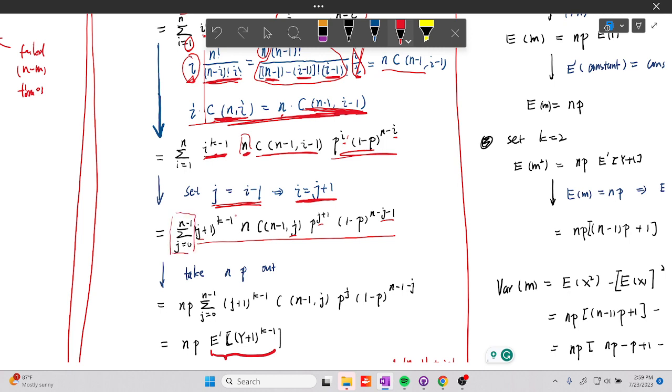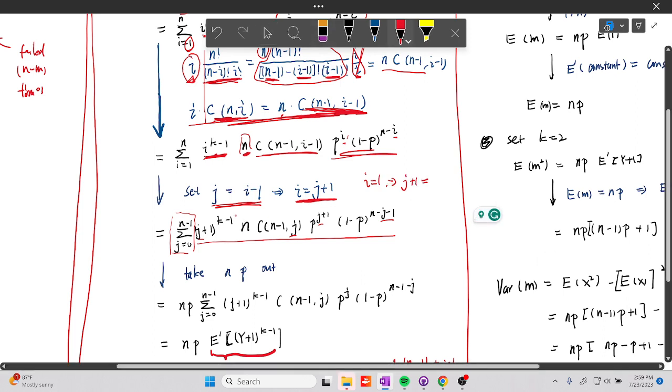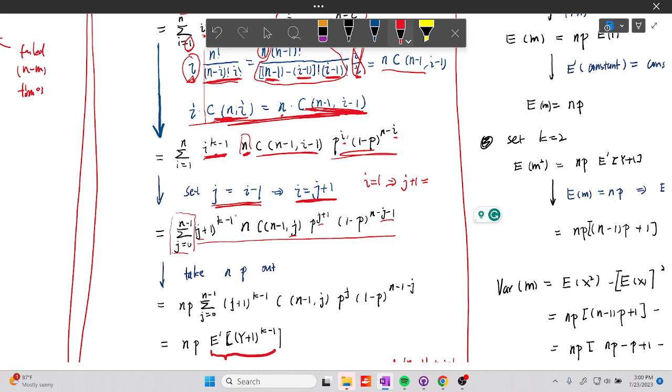Since i started from 0, it becomes j plus 1 starting from i equals 1, which is equivalent to j starting from 0.